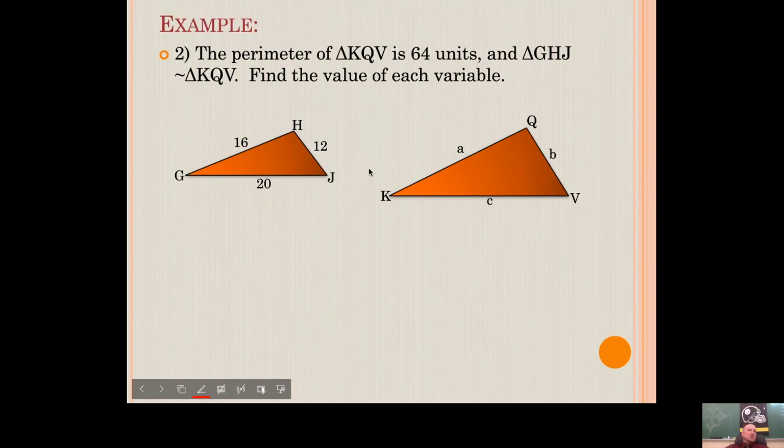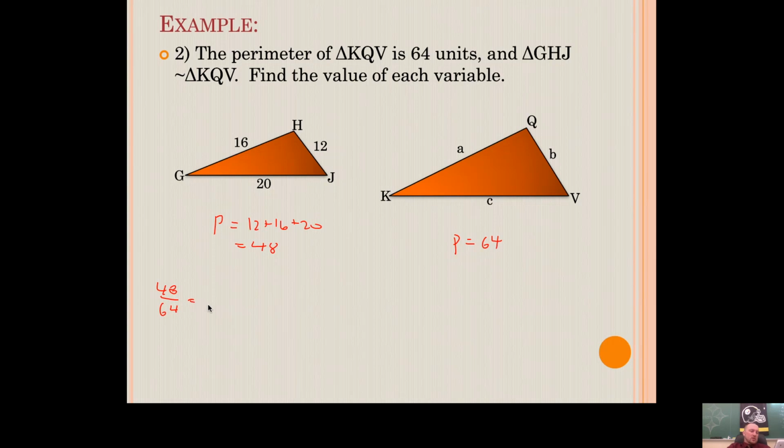Pretty sure this is the same exact type of problem. They're telling us the perimeter of this big triangle is 64. So compare it with the perimeter of this little one, 12 plus 16 plus 20. That equals 48, I think. Compare those, 48 to 64.